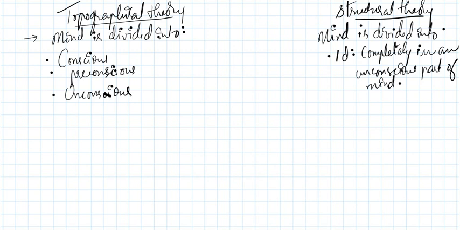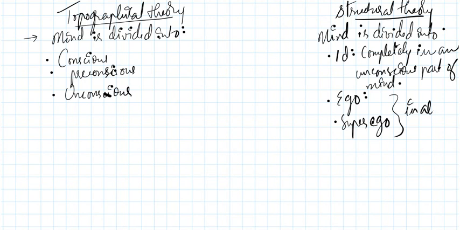Right? That's ID. Another one is ego. Right? And another one is super ego. Now these two can be visualized in all 3 aspects of the mind. Okay.